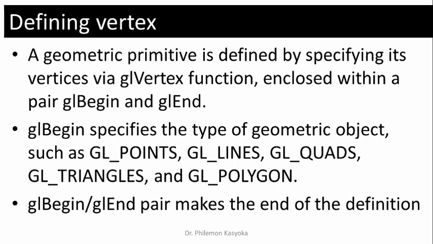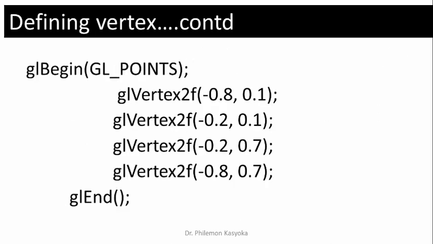Anything that lies in between will be used for defining the kind of primitive that you're going to be working with. glBegin specifies the type of geometric object, such as GL_POINTS, GL_LINES, quad, triangle, or polygon. So within glBegin is where we're going to specify that. Don't worry, you're going to see it as we do the coding.